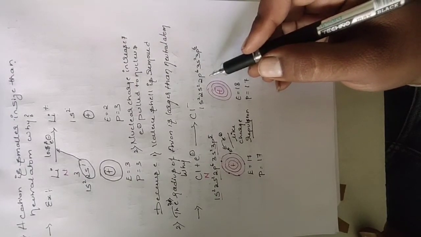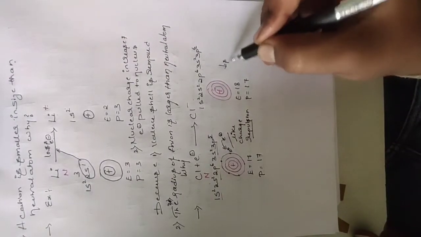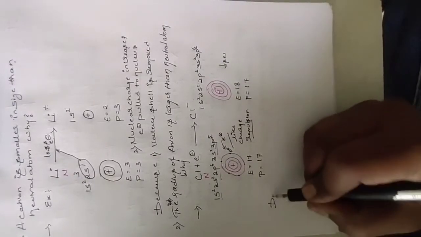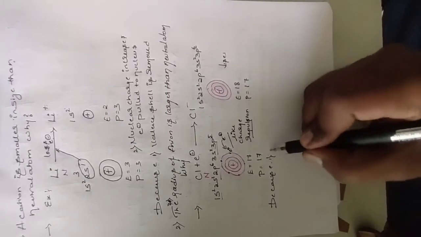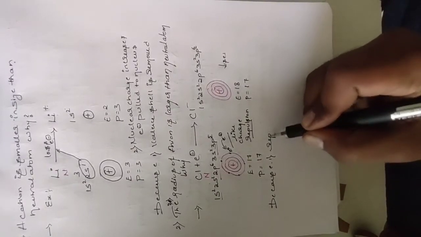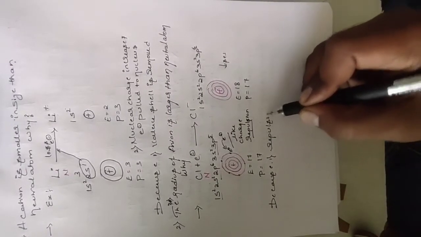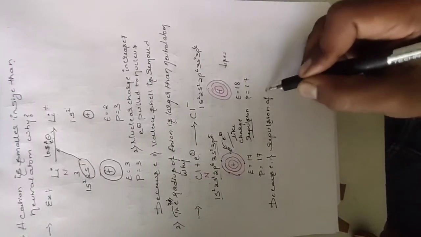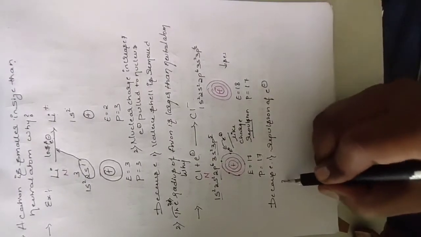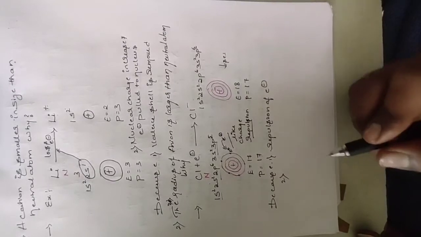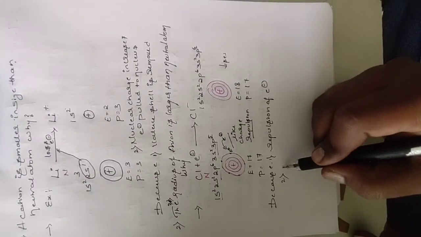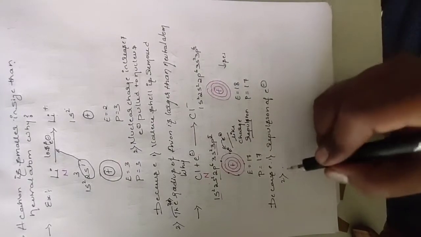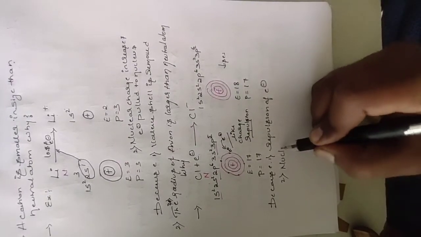The nuclear charge will decrease. Correct? Because first point, repulsion of electrons. Second, what will you write? Decrease in nuclear charge, or the nuclear charge will decrease.